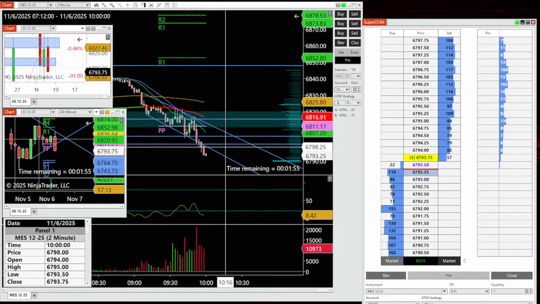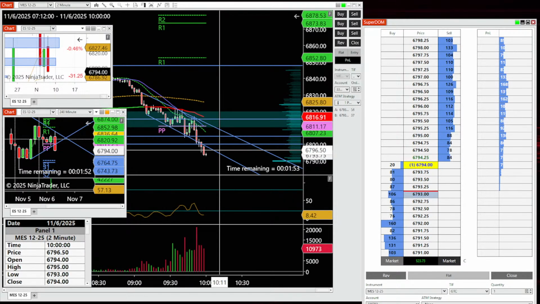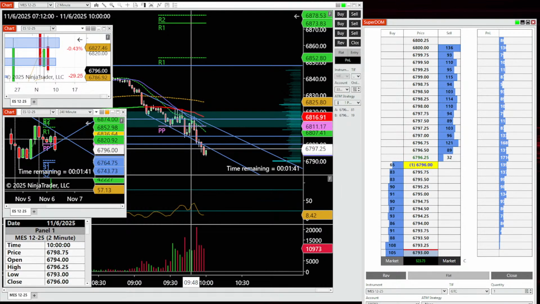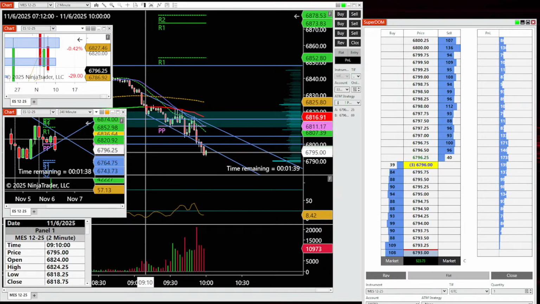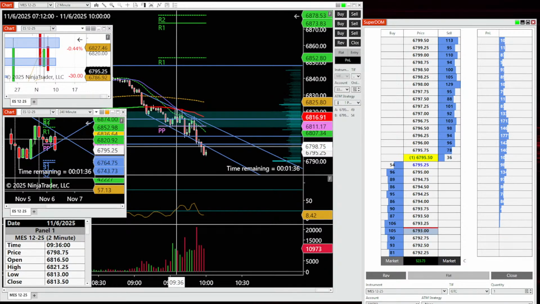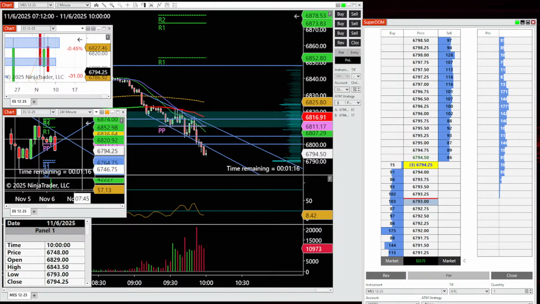Two minutes for the next 4-hour bar. Haven't tested 99 so far. 99 would be a good stop loss. But I want to see where this next 4-hour bar opens up.